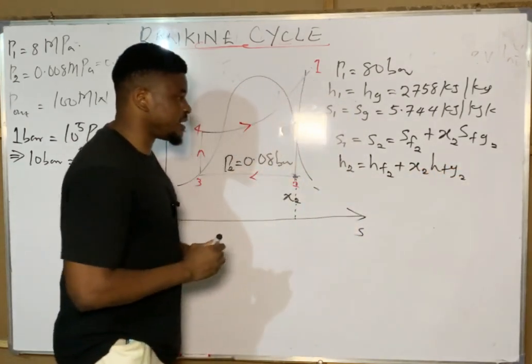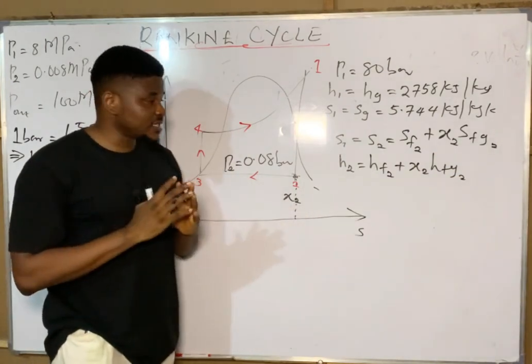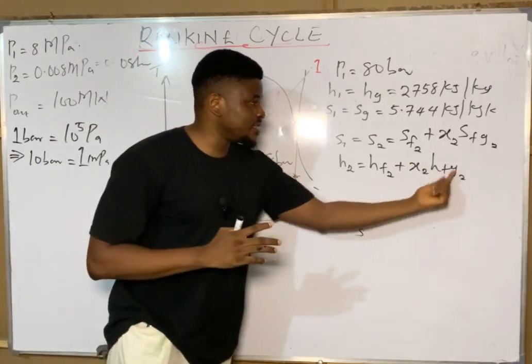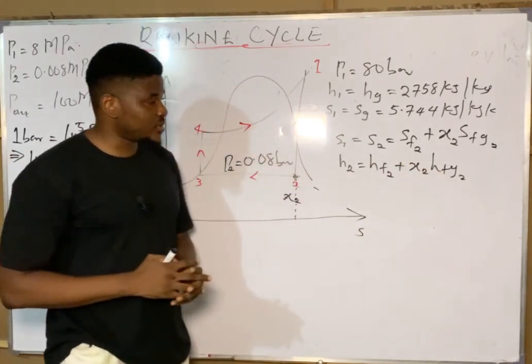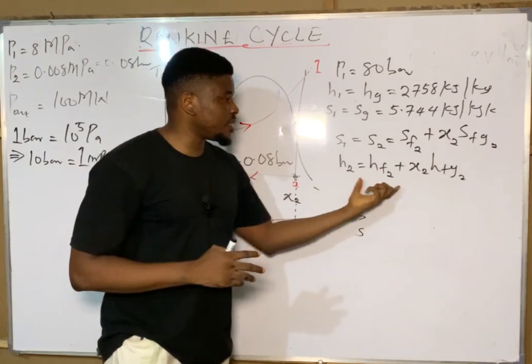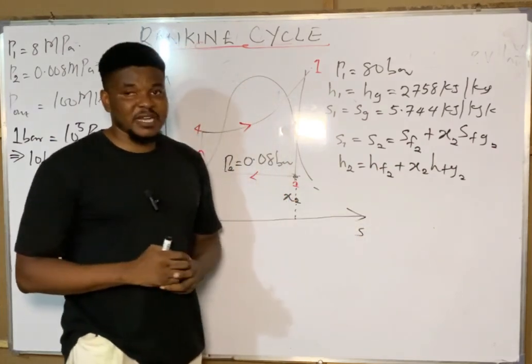That's the relationship to find the enthalpy at state 2 because it is a mixed vapor, right? We have the fluid and we have the gas. For that reason, we need to find the dryness at that point. Once we have this, we can plug into this equation to get the enthalpy at state 2.